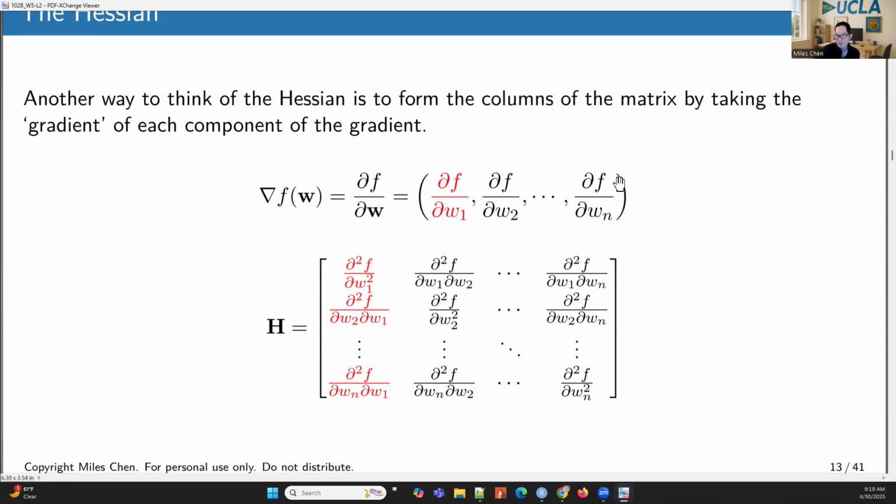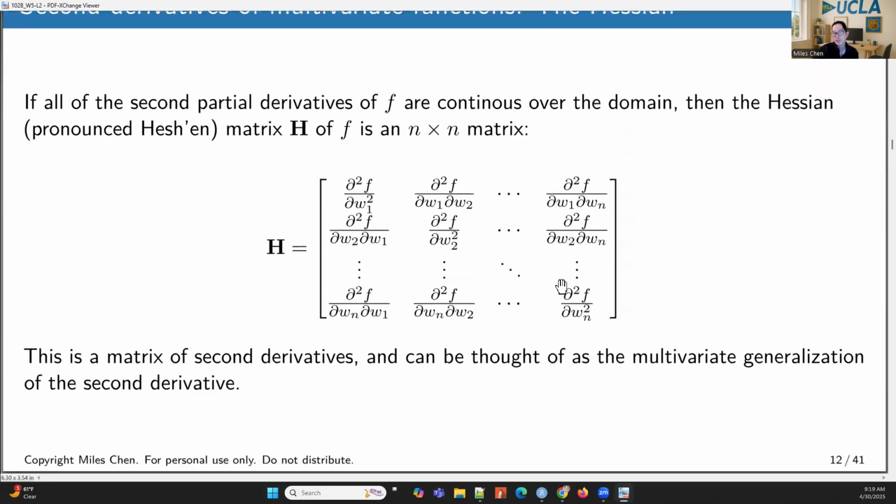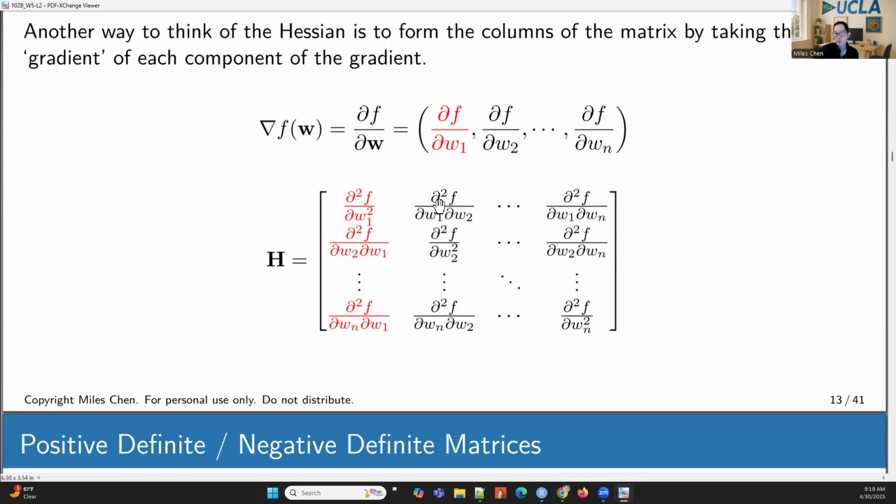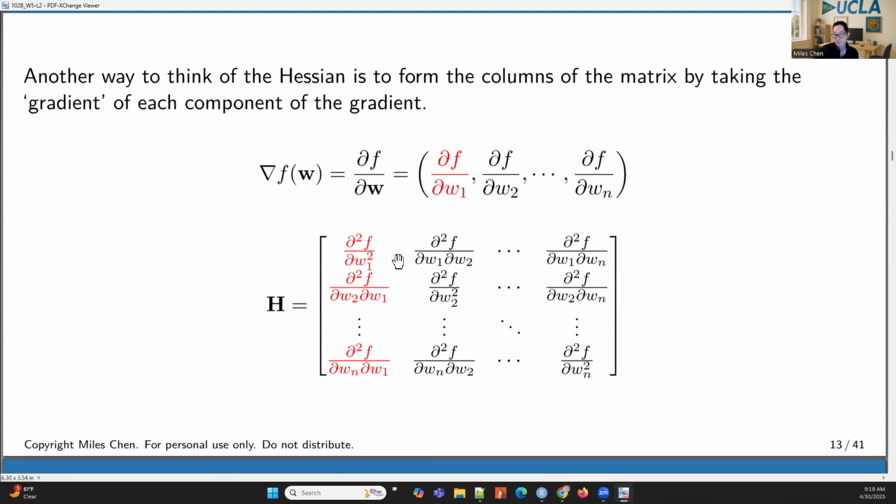And then we would take the partial of this with respect to w sub n, and we get this. Okay, and you can imagine doing this for each of the components, and so we end up getting this square n by n matrix, where the diagonals are going to be basically d2f dw1 squared, and then d2f dw2 squared, and so on and so forth.